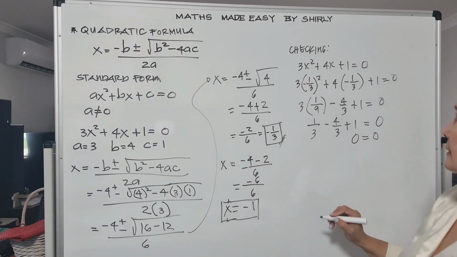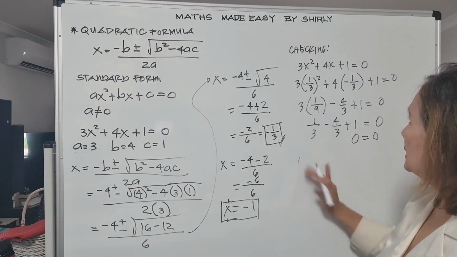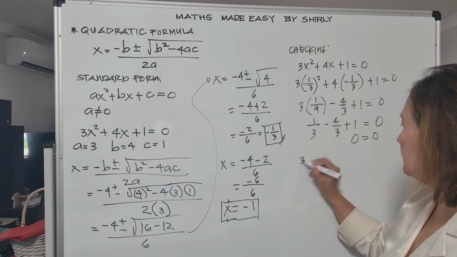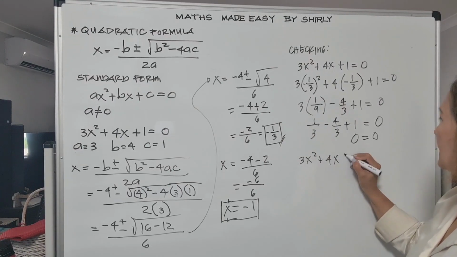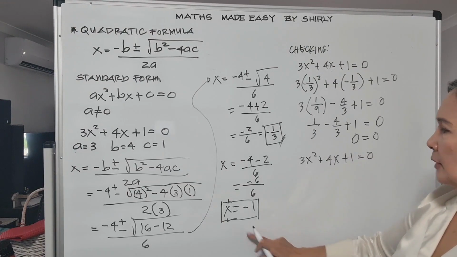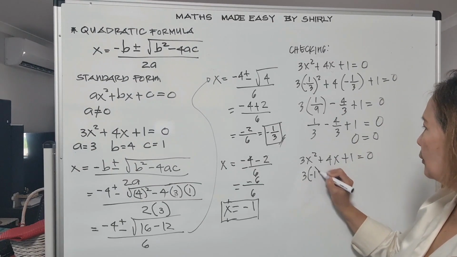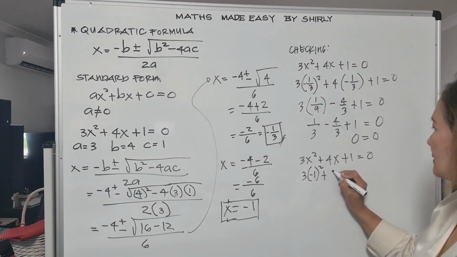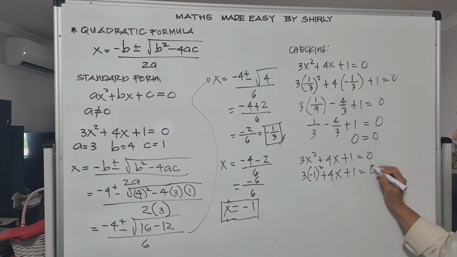Let's move to the other value. Let's say, again, using 3x squared plus 4x plus 1 equals 0, taking the value of x as negative 1: 3 times negative 1 squared plus 4x plus 1 equals 0.